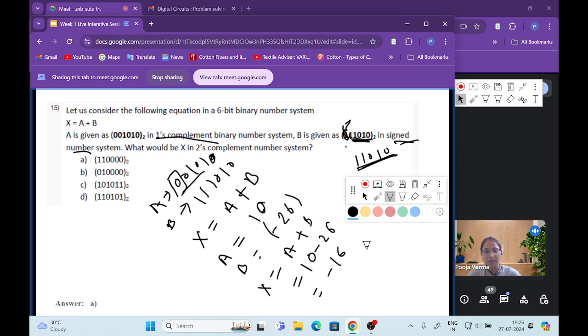Just remember, it is a 6-bit binary number system. The binary representation of 16 needs only 5 bits, so the MSB must be 1 because it is a minus. So that is the value of x. This is one way of solving this problem.